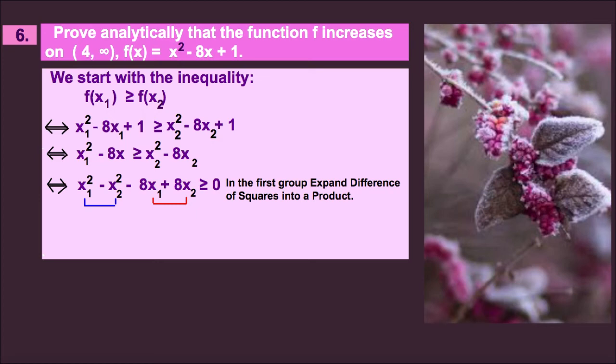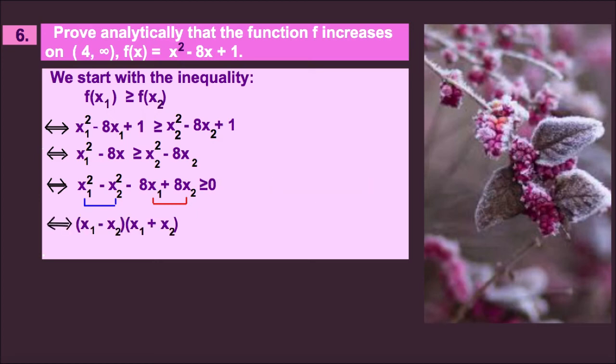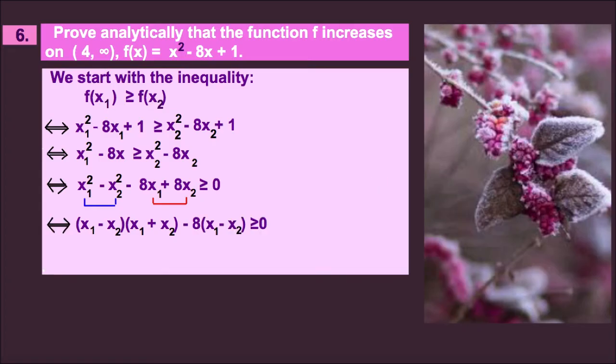In the first group, expand the difference of squares into a product, equivalent to (x1 - x2)(x1 + x2). Factor a -8 in the second group: -8(x1 - x2) ≥ 0.